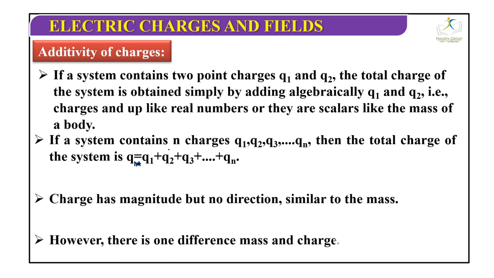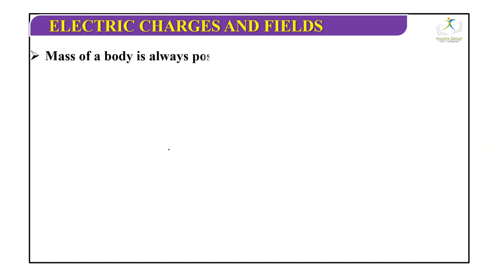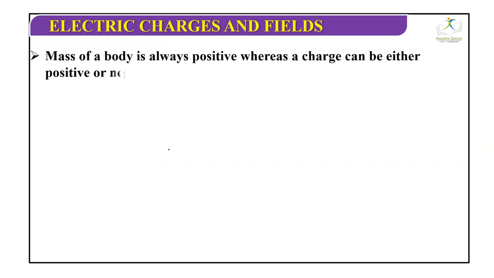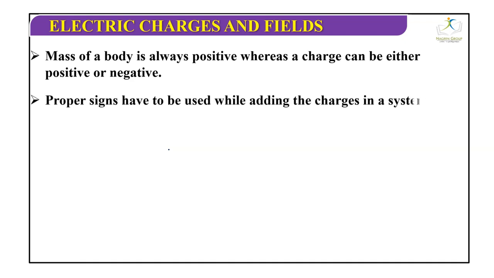Charge has a magnitude but no direction, similar to mass. However, there is a difference between mass and charge. The mass of a body is always positive, whereas charge can be either positive or negative. Using the proper sign while adding the charges in a system plays an important role.